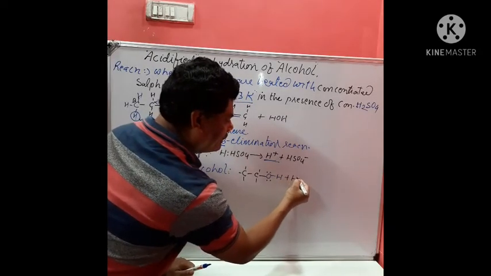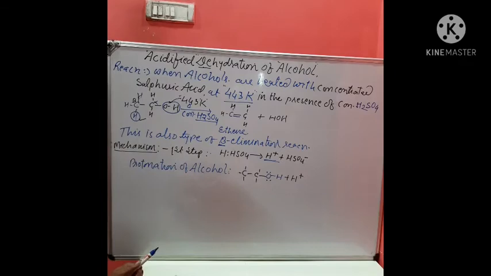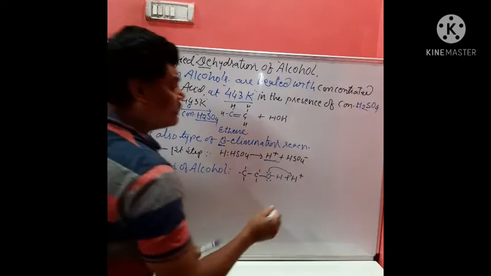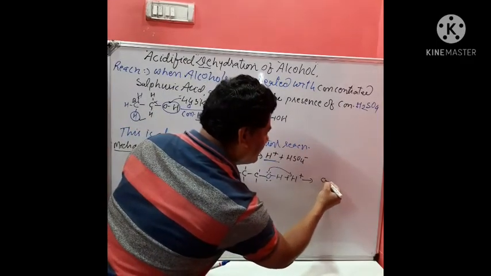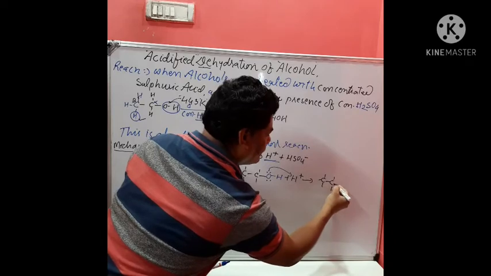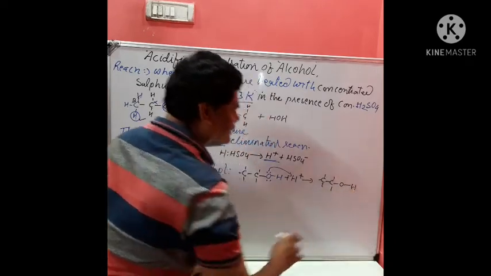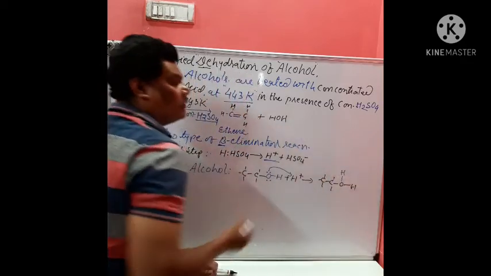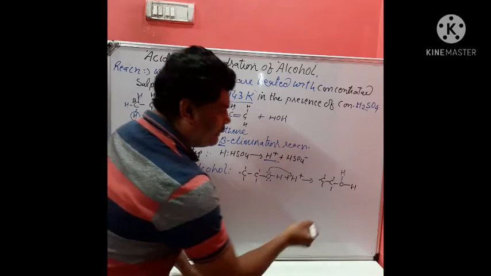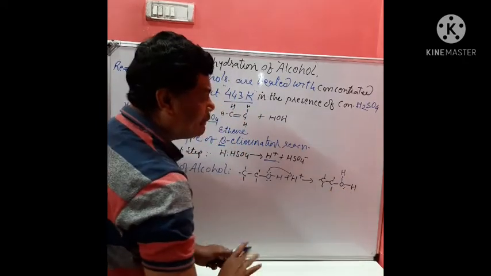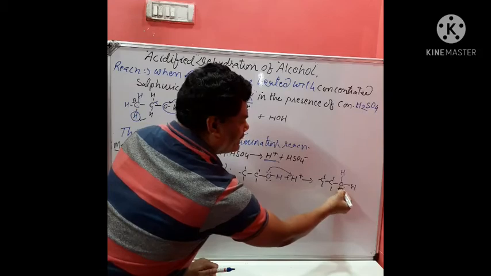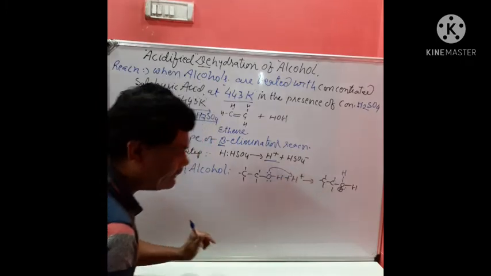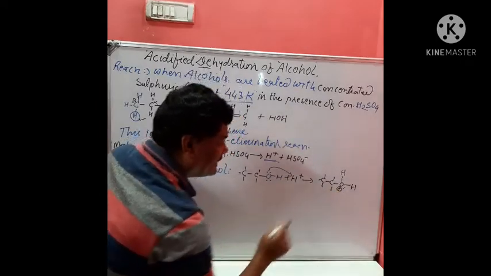When the proton attacks it, one of the lone pairs is given to hydrogen, forming protonated alcohol. This is CH3, CH2, O, H, and now a lone pair is donated, therefore it becomes protonated alcohol. Now one lone pair remains, but since a lone pair is donated by the oxygen, the oxygen will acquire a positive charge here. That means there is electron deficiency.